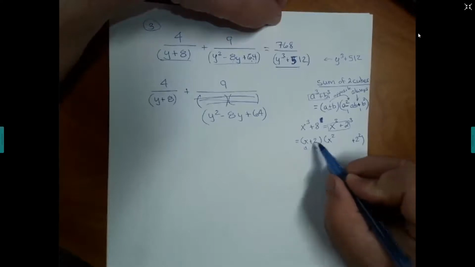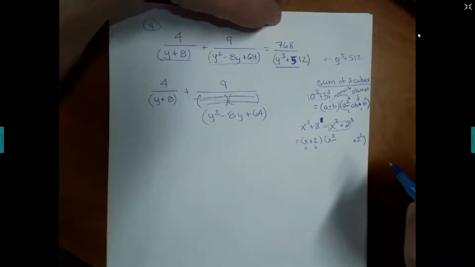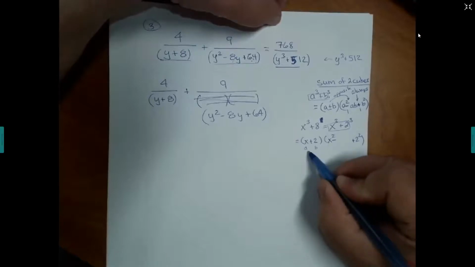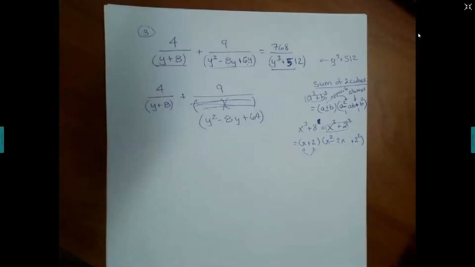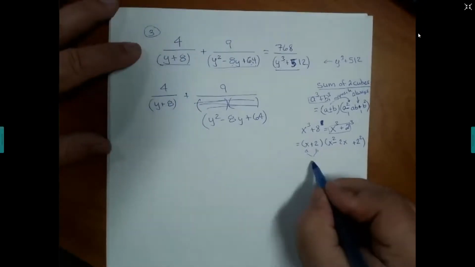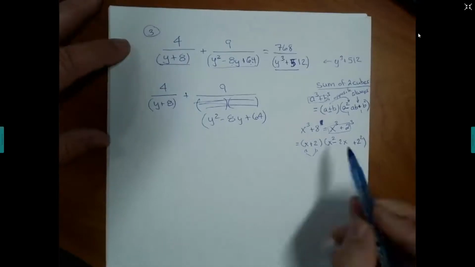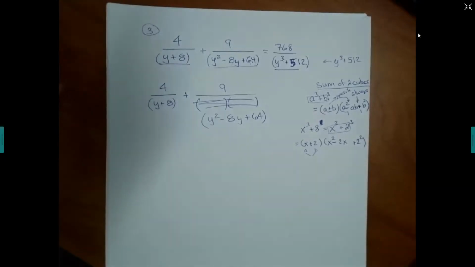Yeah, since that's plus, this one has to be minus. And then in the middle is just multiply these two together. So it's 2 times x. And there's your factored form. That's as far as you can go.